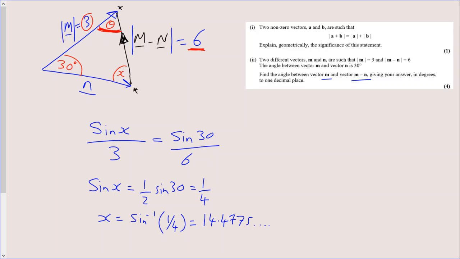So now to find the angle that I want, theta, I'm just going to subtract that from 180. So 180 minus 30 minus 14.4775 point 47, and so on.